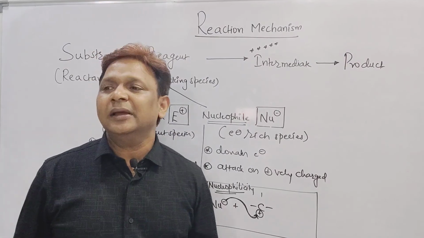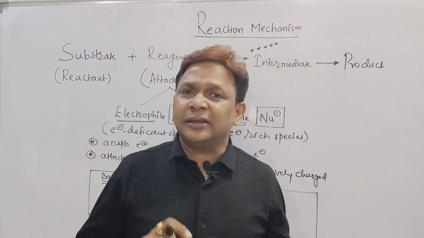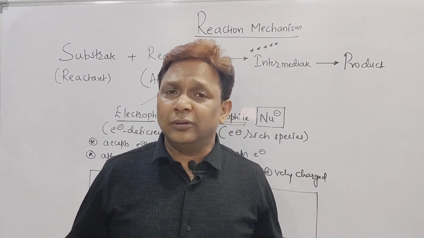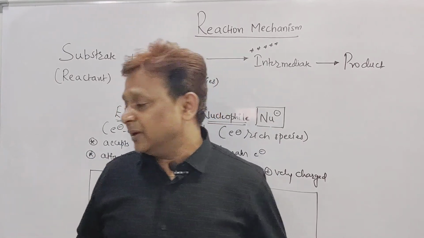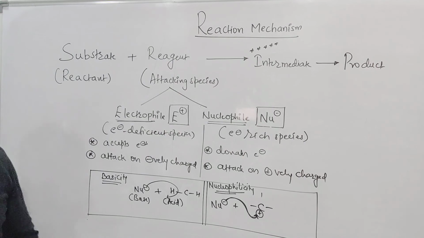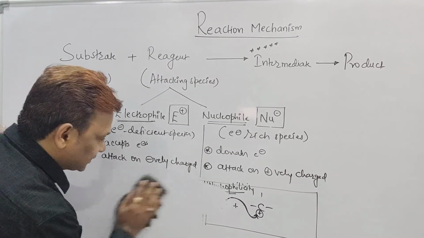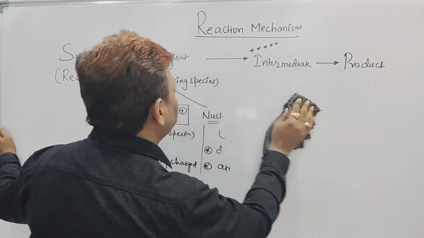Is it clear, beta? Here we will see the tendency of nucleophilicity along the group and along the period, because that is the part they are even asking in the mains exam. One second, I will tell you, beta. Right? So now I am going to discuss with you the nucleophilicity order along the group and along the period.